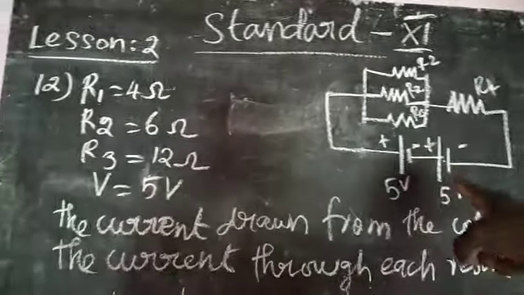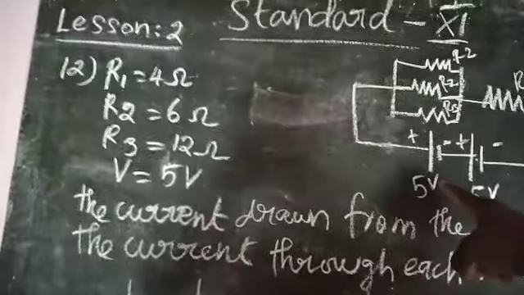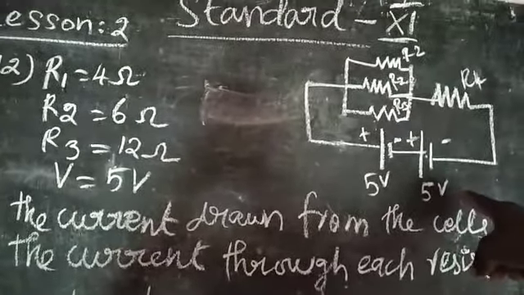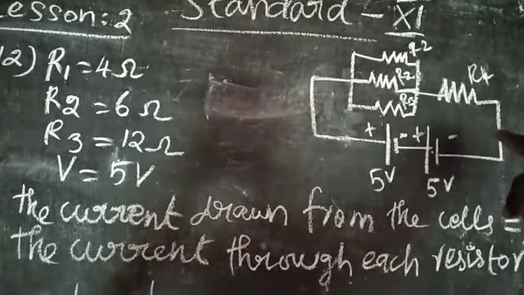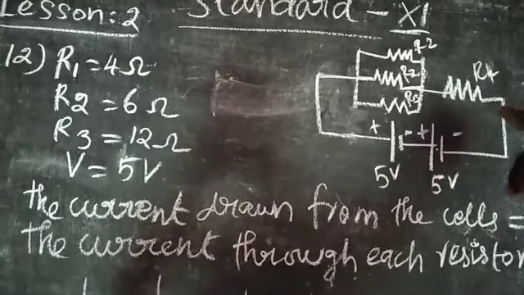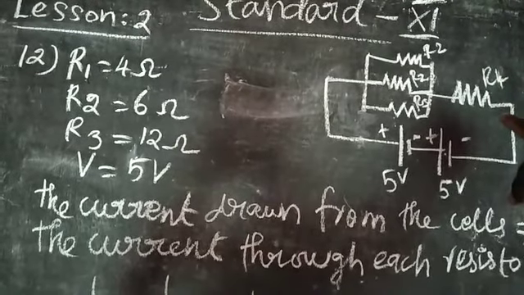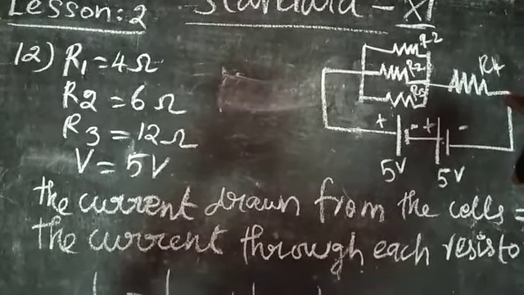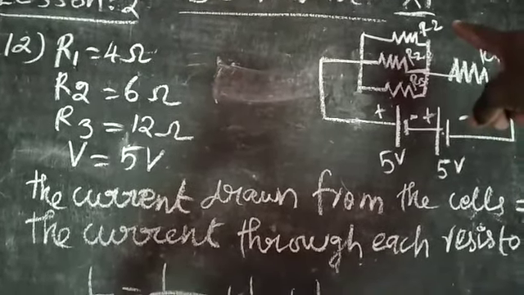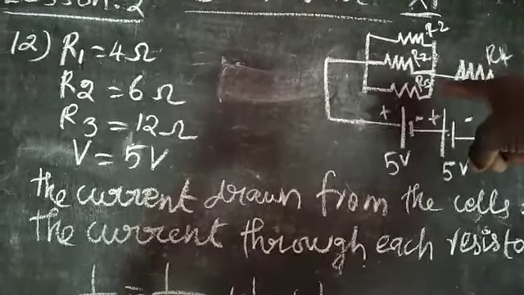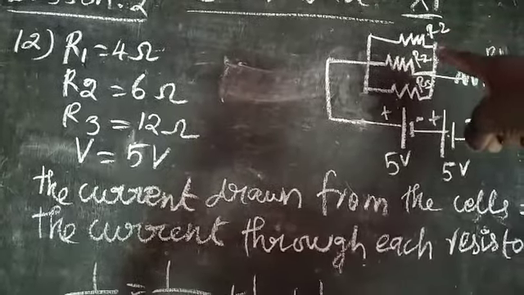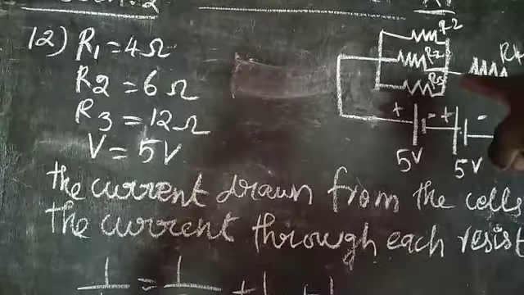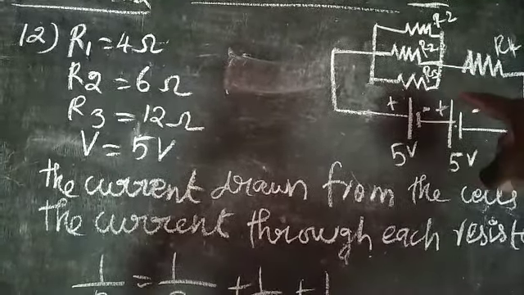Two cells, each of 5 volt, are connected through resistance R4 in series. R4 equal to 8 ohm. Then R1, R2, R3: R1 4 ohm, R2 6 ohm, R3 12 ohm connected in parallel.